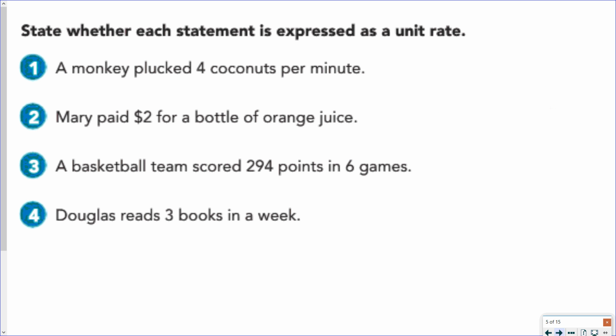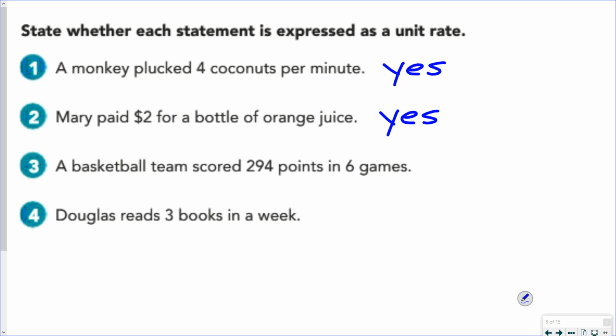So we have 4 examples here, and we're going to determine whether or not these examples would express a unit rate. So if a monkey plucked 4 coconuts per minute, that would be a unit rate because it's 4 coconuts per 1 minute. Mary paid $2 for a bottle of orange juice. That would also be a unit rate because it's $2 for 1 bottle of orange juice.